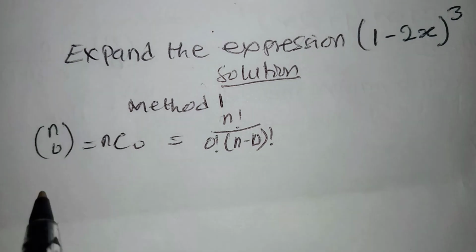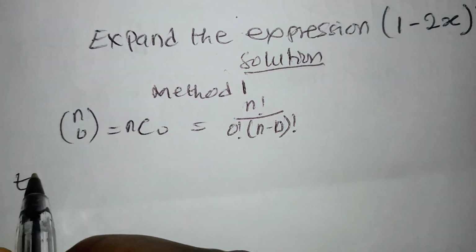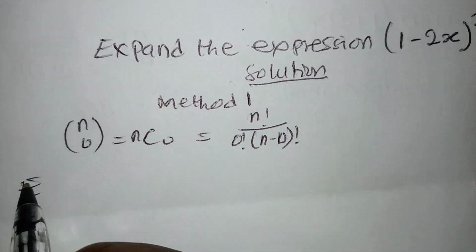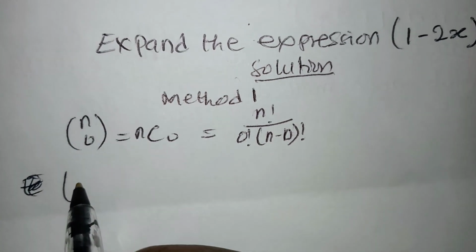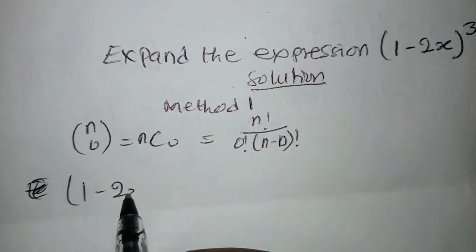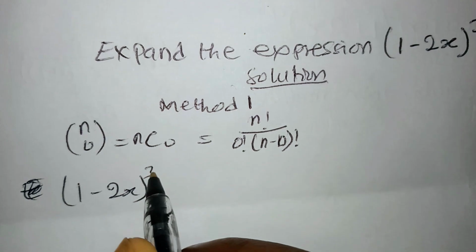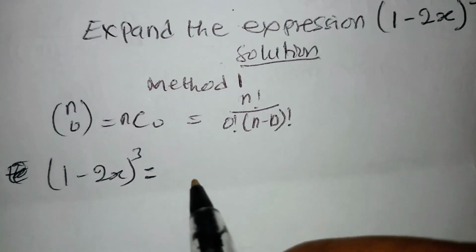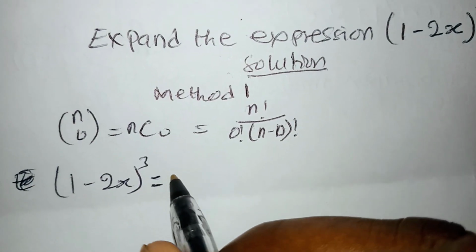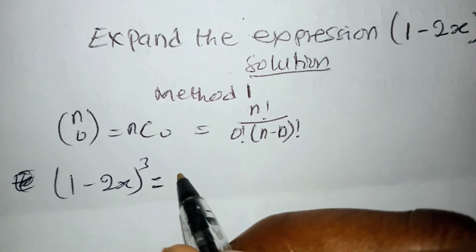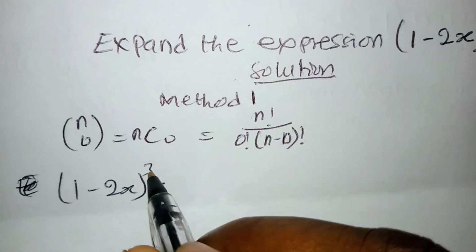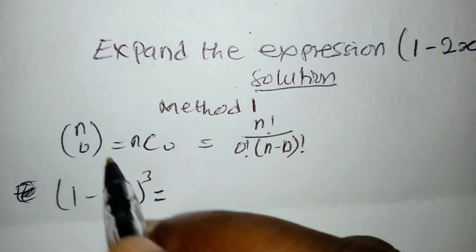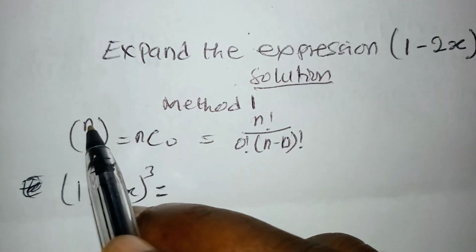So here, let me rewrite the question. We have (1 minus 2x) exponent 3. Applying the combination method, the exponent is n here. This is the exponent.